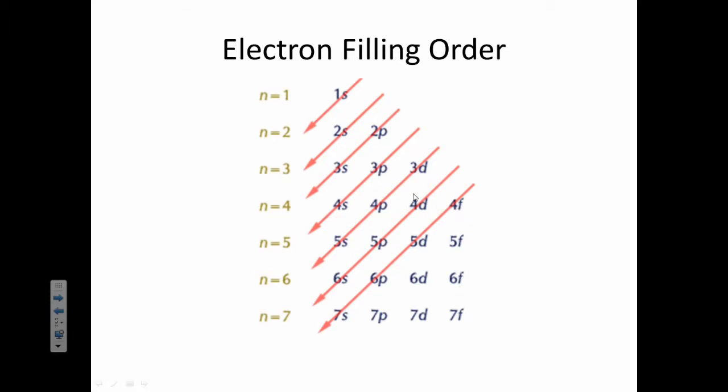I'm sorry, I didn't mean to say there's no 4d. There is a 4d. There's no 3f, is what I meant to say. Anyways, you draw this out, and that's not hard to learn.